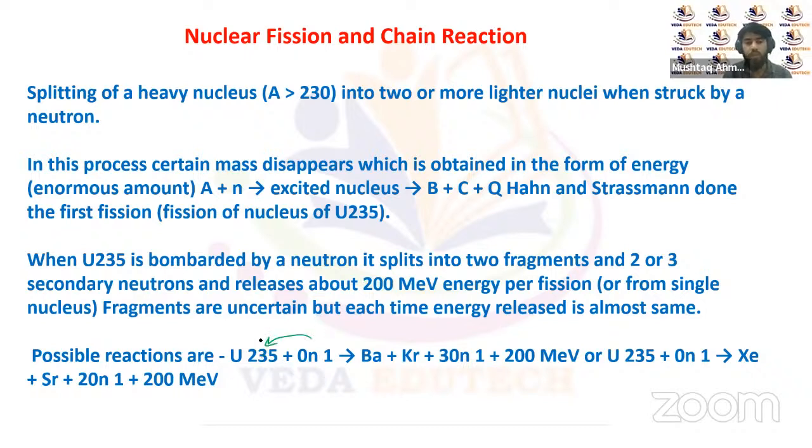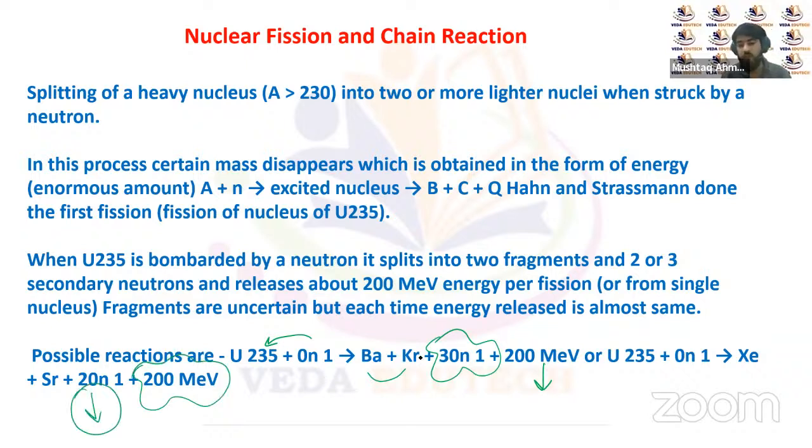Then uranium will split into two nuclei, barium and krypton, and it will also release three neutrons. Apart from that, it will release energy equal to the mass defect, that's 200 million electron volt per fission. Similarly, uranium 235 can also split into xenon and strontium to become stable, and it will also release energy equal to 200 million electron volt, and two neutrons will also be emitted, right?